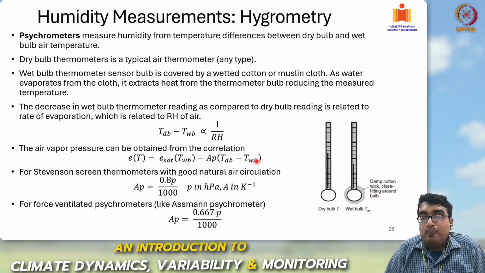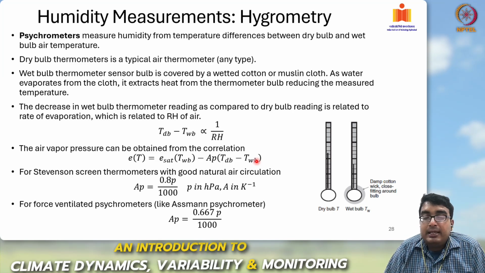This A into P, this A value we can correlate for different types of dry bulb temperature measurement. Usually, Stevenson screen thermometers also have a wet bulb thermometer inside of them.